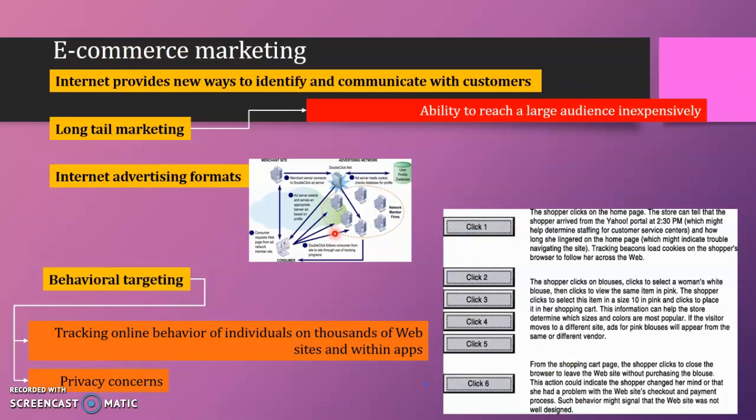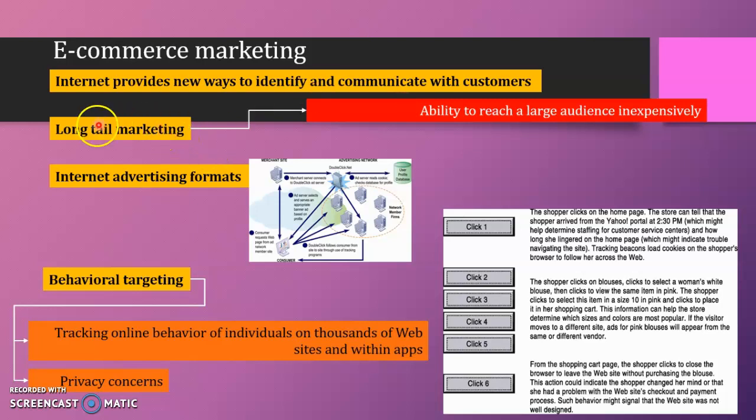Alright, and then we go to e-commerce marketing. E-commerce marketing is how the internet provides new ways to identify and communicate with your customer. When you want to sell something to your customer, you have to make sure that whatever the customer asks or wants to communicate to you, you reply and make some response.